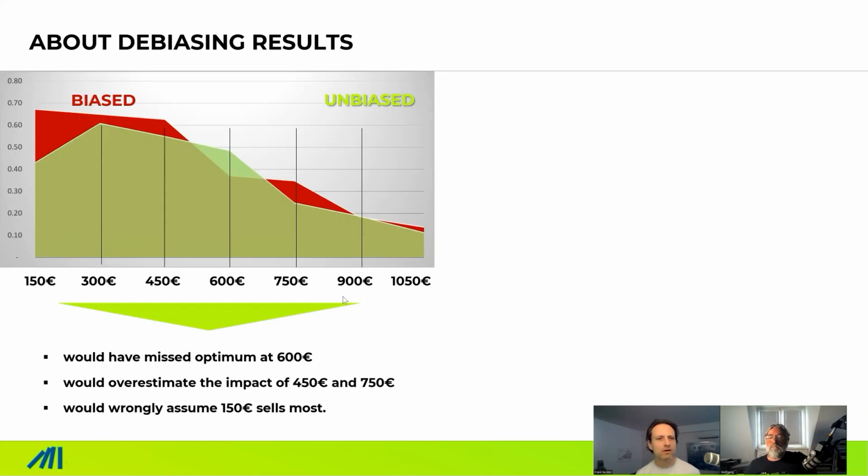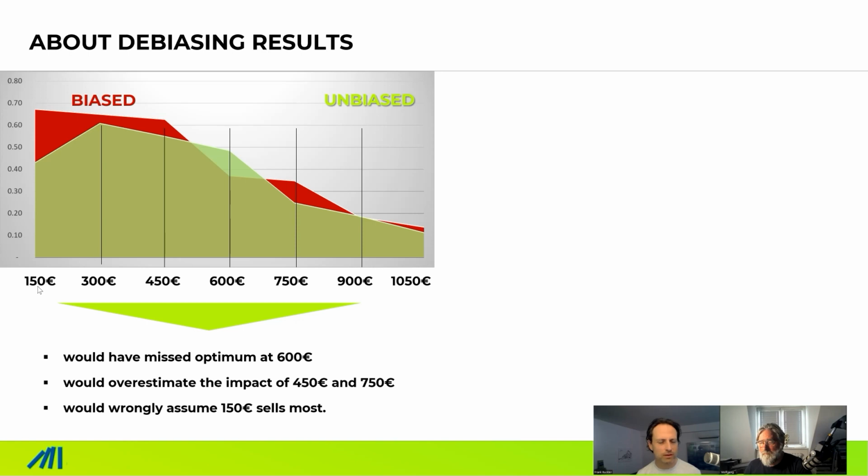What you see here, the red line, is the result you would measure with the bias. Because of the bias, especially here at a lower price, there's a higher likelihood to buy, but actually the algorithm could find that based on the indicators, the willingness to buy is much lower.